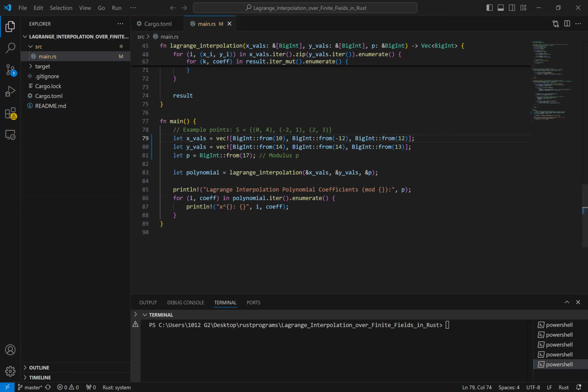So what is the name of this one? Let me just get the correct name here, of this Lagrange finite field.